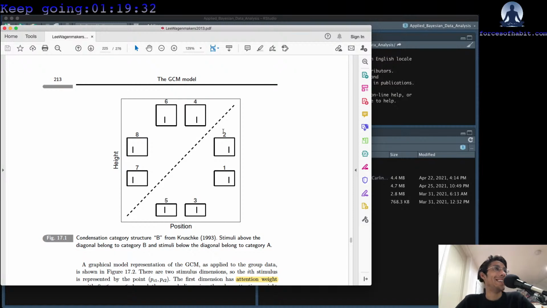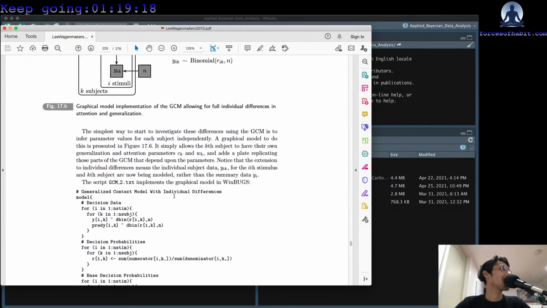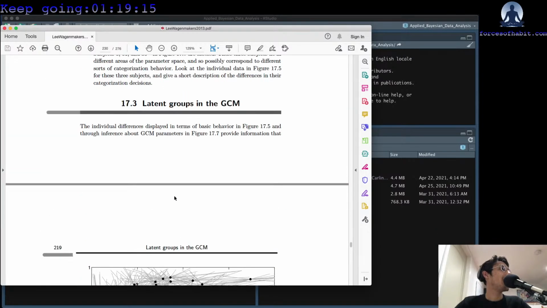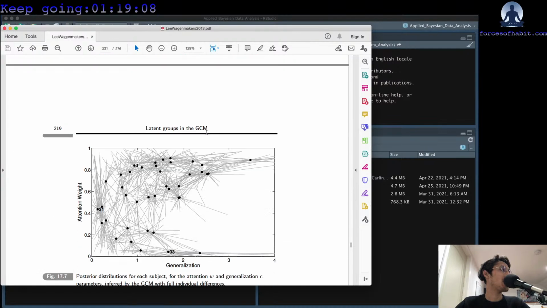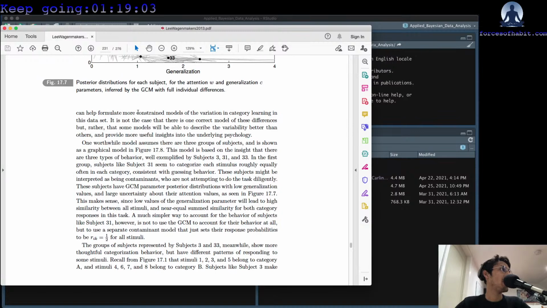There's a binary distinction between the two sets of stimuli. So now, individual differences display the behavior, and through inference about the parameters, provide information that can help formulate more constrained models about the variation in category learning in this data set.